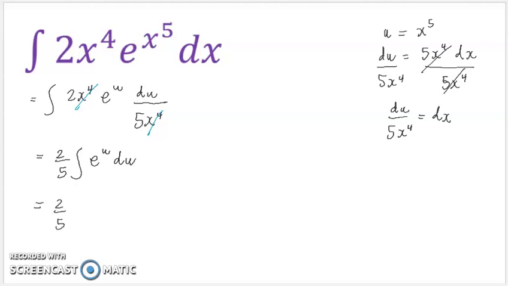Applying our rule for integrating exponential, we have e raised to u plus c. And again, we replace this u with x raised to 5 to get our final answer. So this is equal to 2/5 e raised to x raised to 5 plus c.